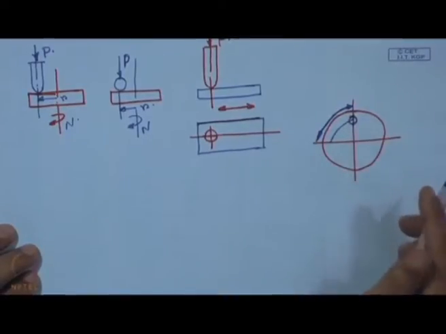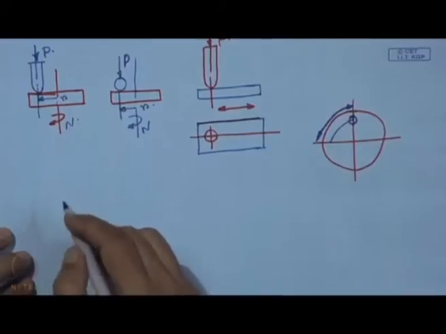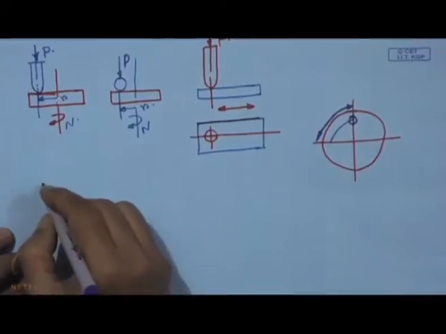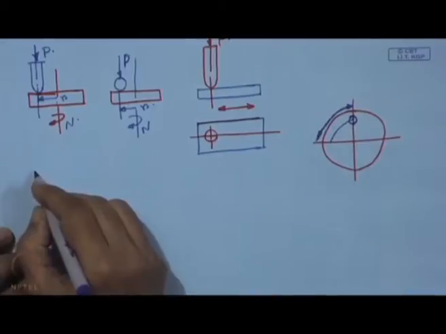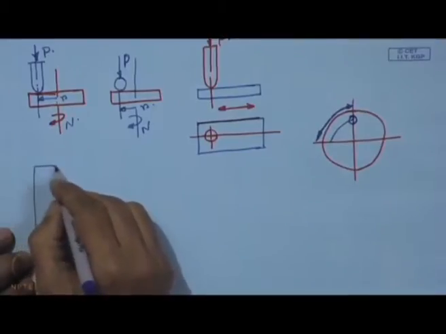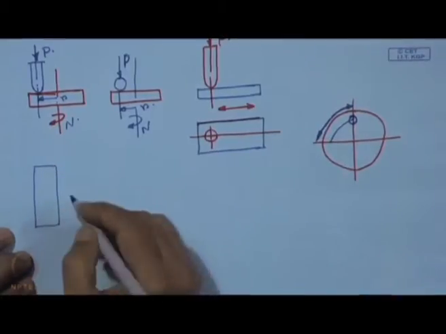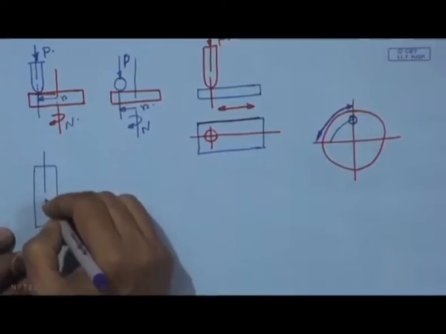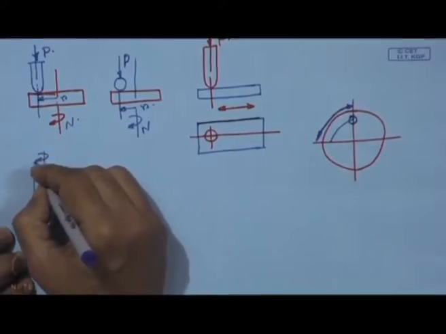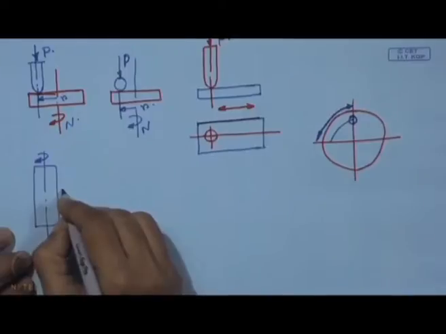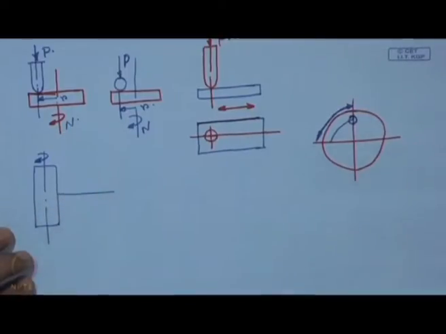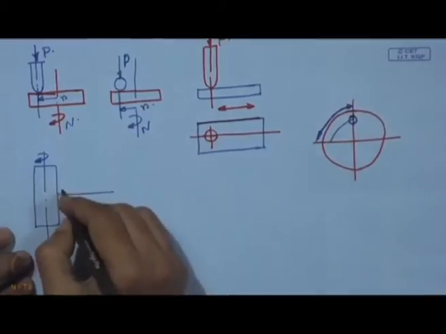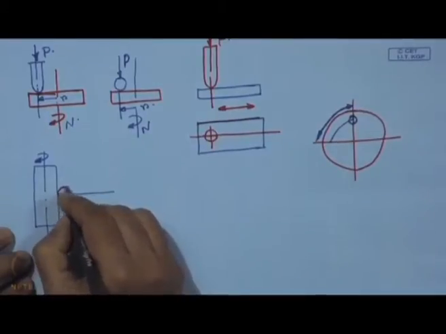Then pin on cylinder. Now, pin on cylinder means this is going to be a cylinder, and this is the axis of the cylinder which is rotating. Against this we can have one pin, which will be in contact.